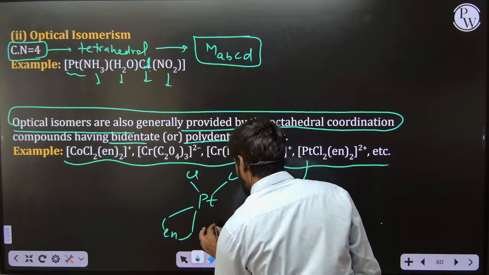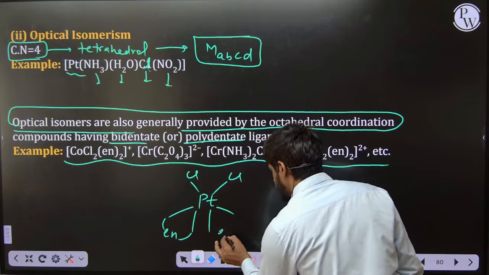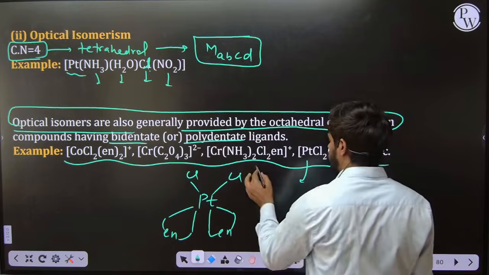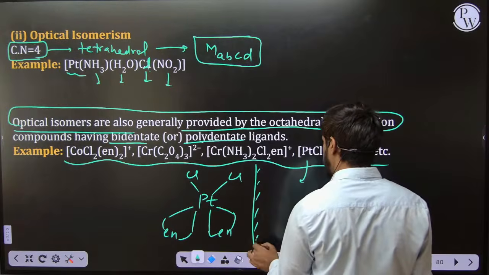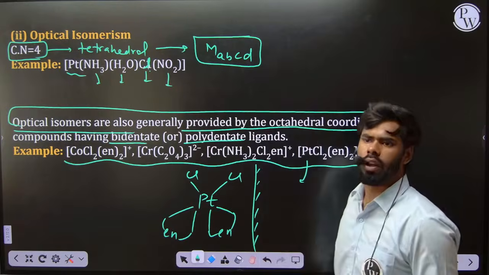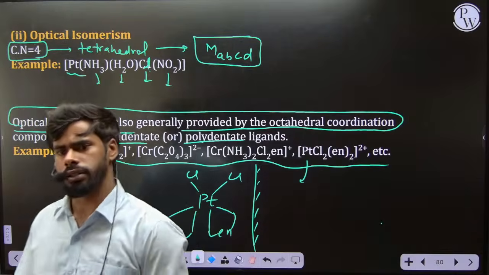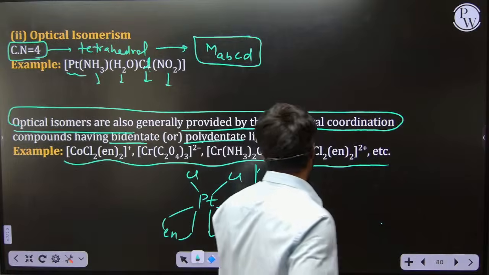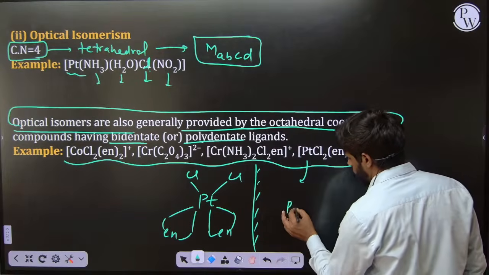Since en is symmetrical in nature, this can give a mirror image which is not superimposable. We know that non-superimposable mirror image compounds are also optically active.